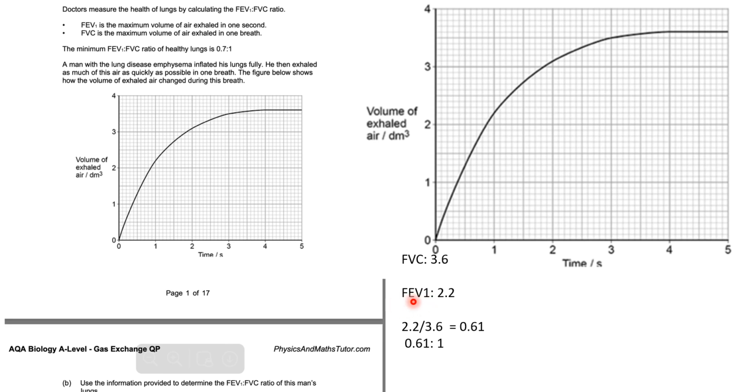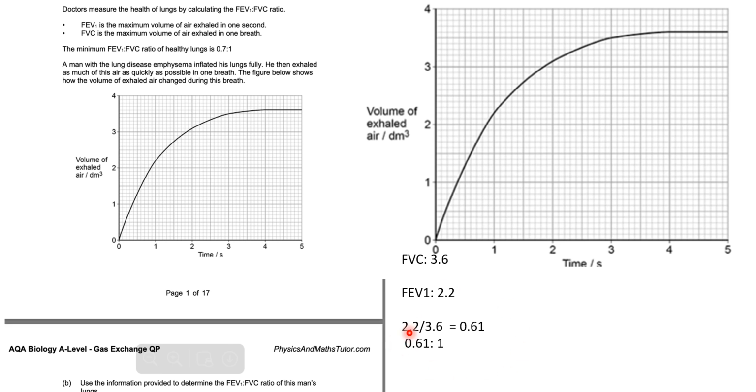So my FEV1 is 2.2, so 2.2 divided by 3.6 is 0.61. That is my 0.61, and the ratio is compared to 1. How do I get that 1? They've given it to you, but you can also find out by dividing the FVC, 3.6, by 3.6. That gives you 1. So that's the ratio, guys.